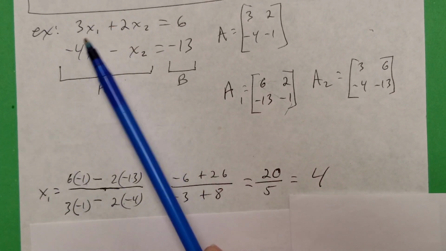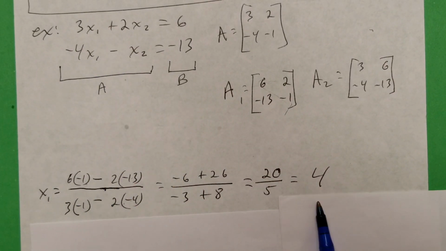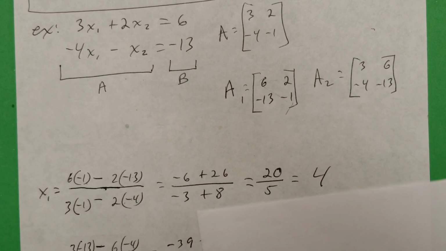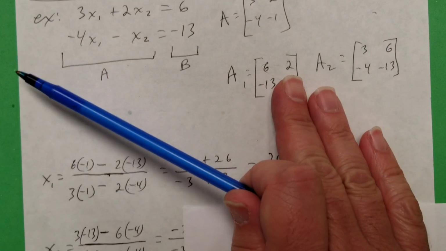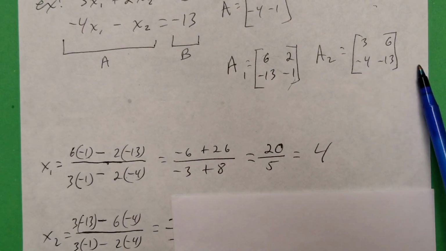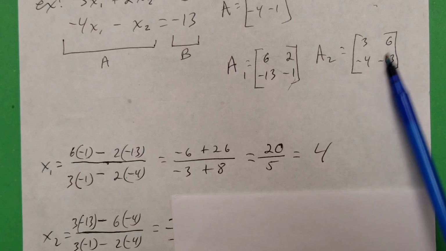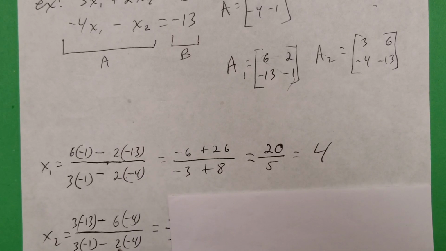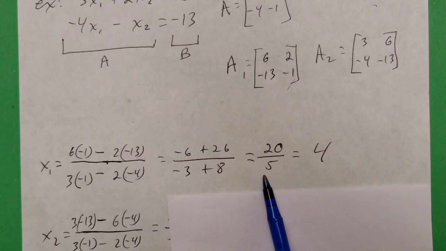Right? So I solved for x1. x1 is equal to 4. Now what is x2? Well, x2 is equal to the determinant of A2. So that would be 3 times negative 13, minus 6 times negative 4. Right there. And the determinant of A, which we already did, we know it's 5. I'm writing it down, but you can just borrow from here.